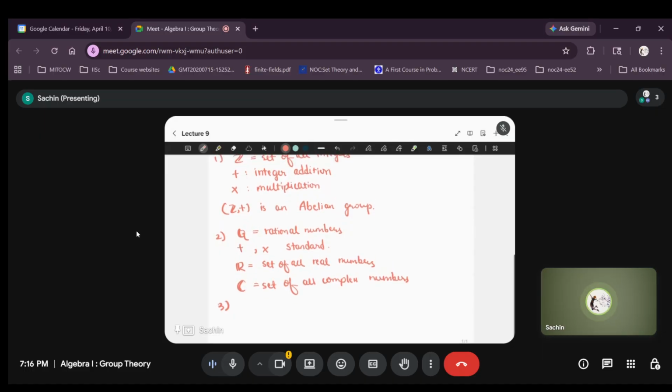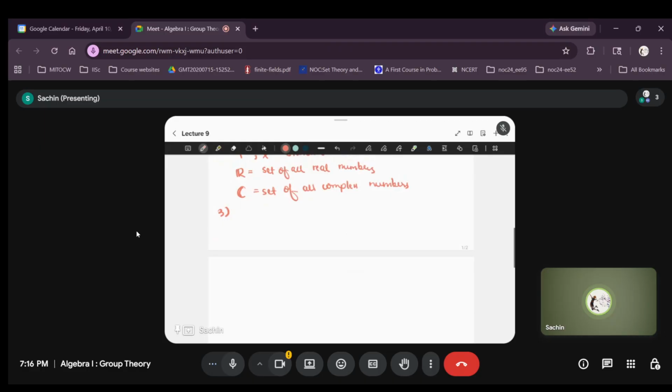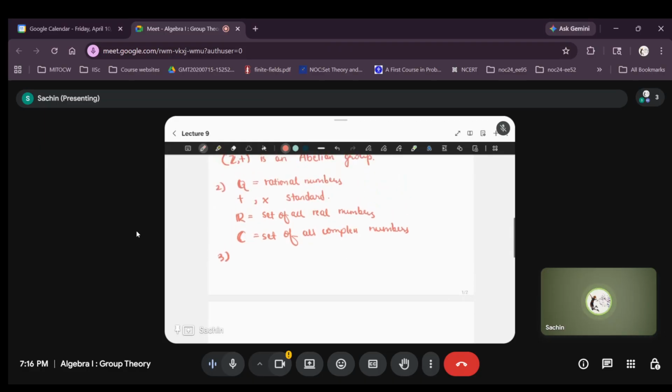Then I had, in one of the lectures, given an example of a group called Gaussian integers. That is also a ring. Z of i is defined as a plus ib, where a and b are integers, and i is the complex number square root of minus 1.